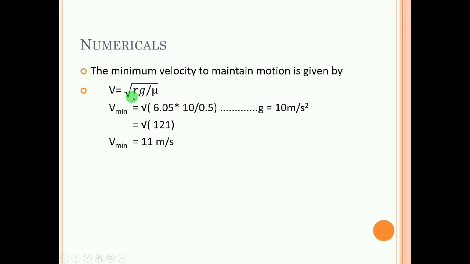R is given as 6.05, g value will be 10, mu is given as 0.5. Solving this, we are getting square root of 121, and square root of 121 is 11. So V minimum will be 11 meter per second. We already know, I think, the square root of 121. If you don't know, you can follow the square root table again.